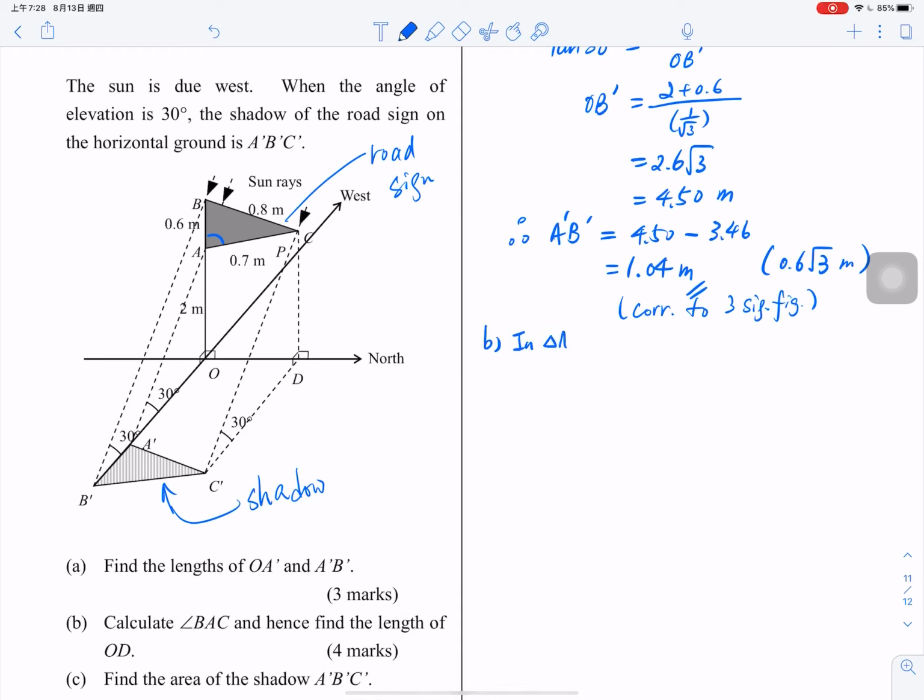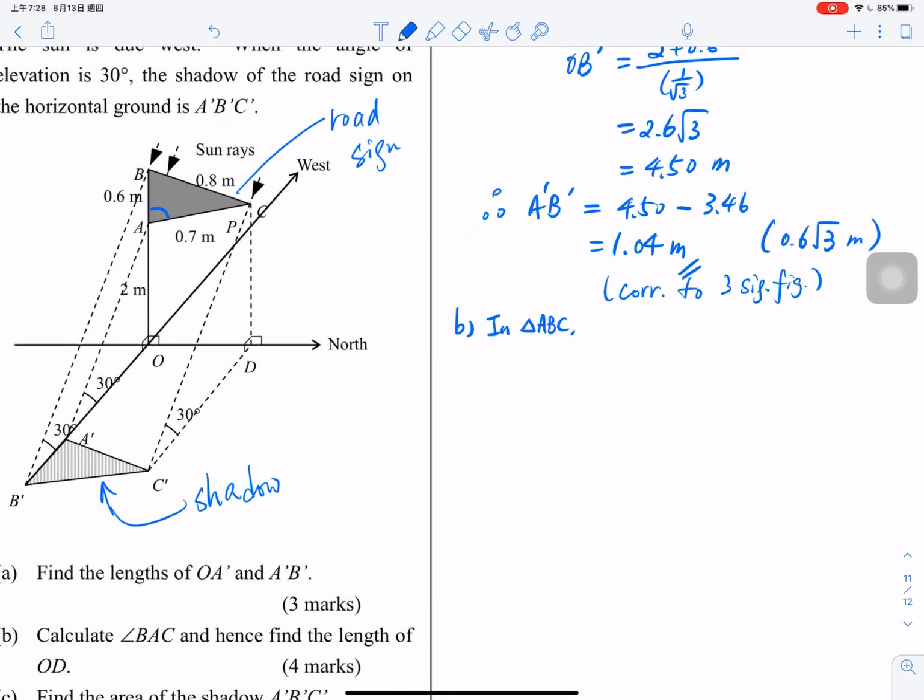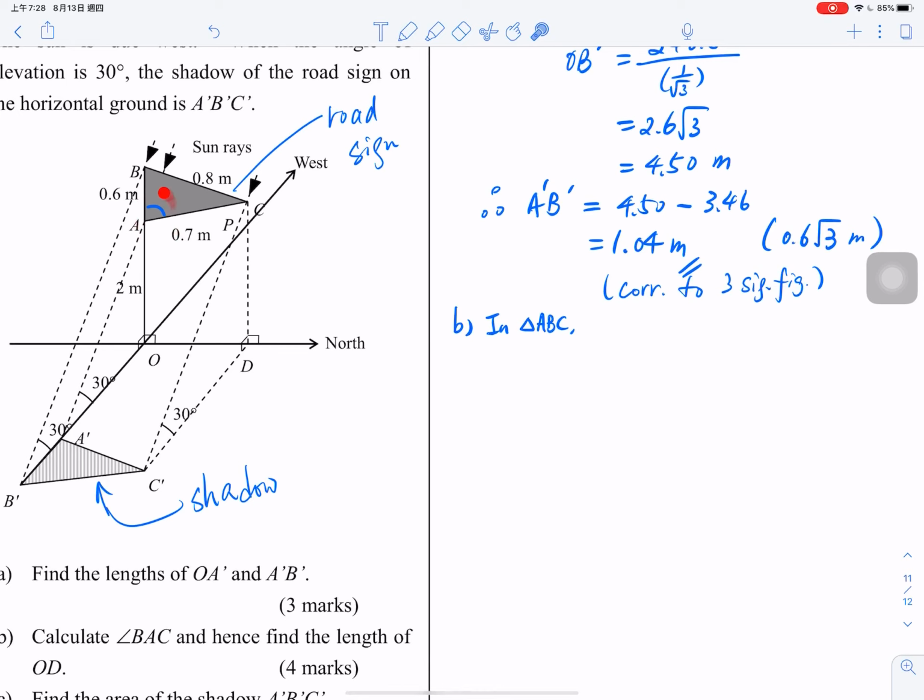So in triangle ABC, if you want to find this angle, that means 0.8 on the left hand side. So 0.8 squared equals 0.6 squared plus 0.7 squared minus 2 times 0.6 and 0.7 times cosine angle BAC, the one we need to find.